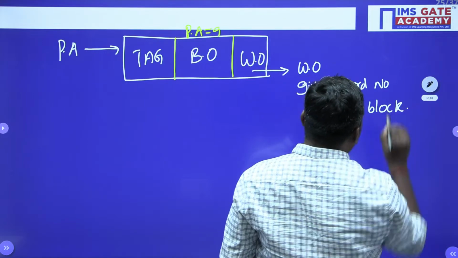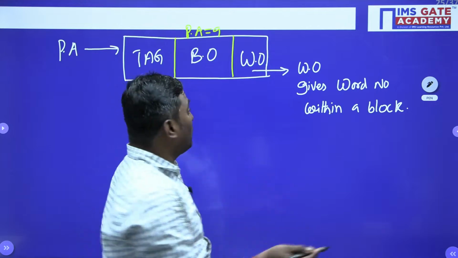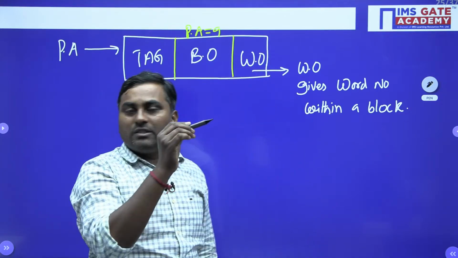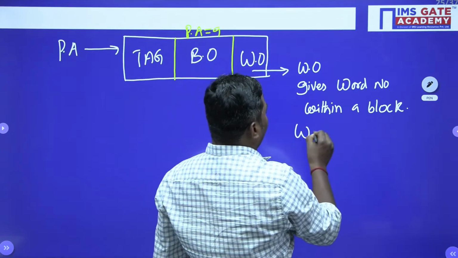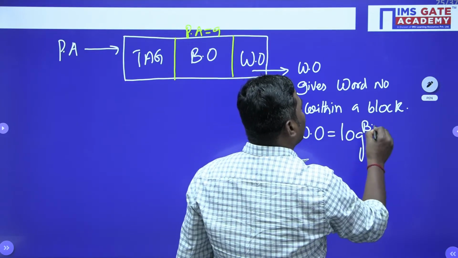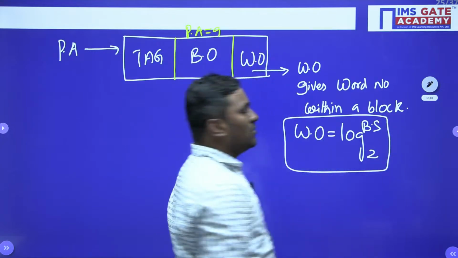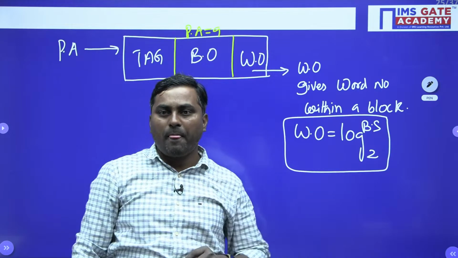The number of bits required for this field depends on the block size. So I am concluding: word offset depends on log of block size. This needs to be understood. That is the generalization I did. The word offset gives the word number within a block.